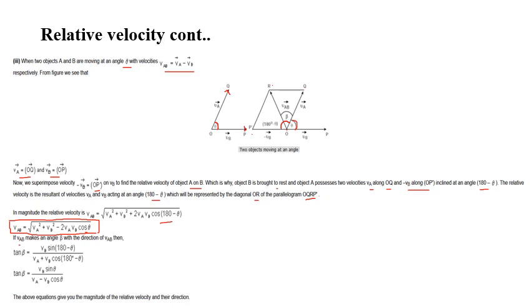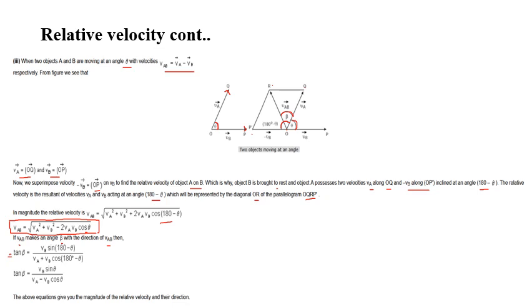And if VAB makes an angle beta with the direction of VA, see, this is your VAB. Then what is beta? VAB will give you the magnitude, and tan beta will give you the direction.